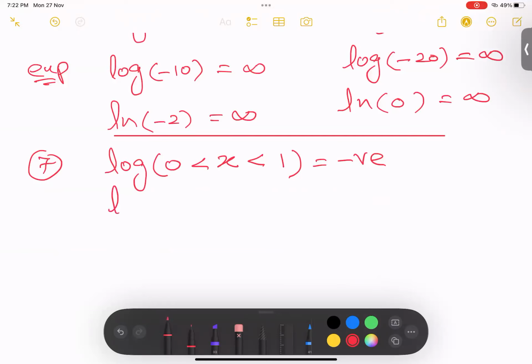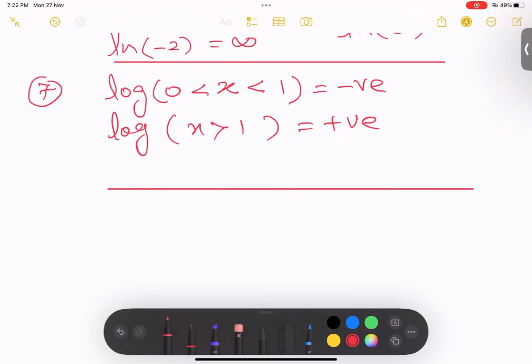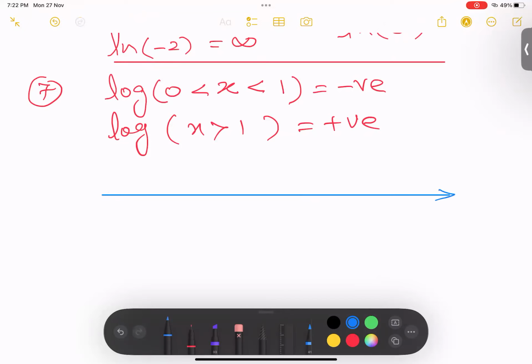One more property: the logarithm of a value bigger than 1 gives positive answers. I will show you the whole number line system here, then inshallah you will understand. Hold on, I will show you this concept.